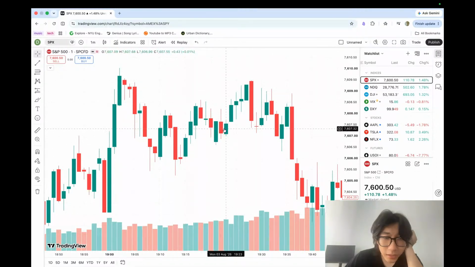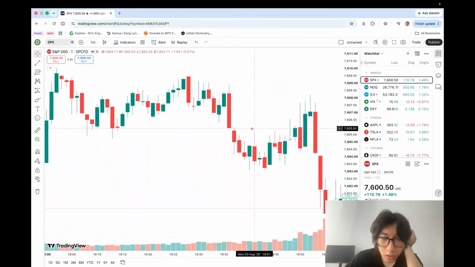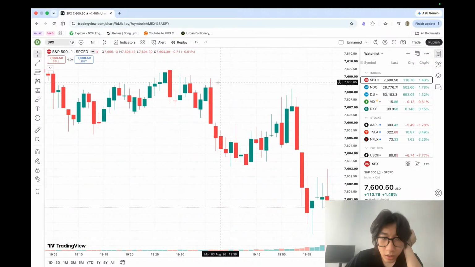But this is a little up trend, a little up momentum. And then this comes up. It's a bearish candle. They rejected going up from the opening to the end. It's super strong bearish.